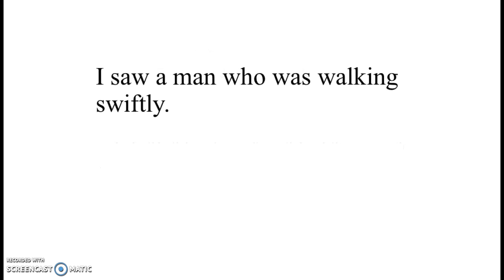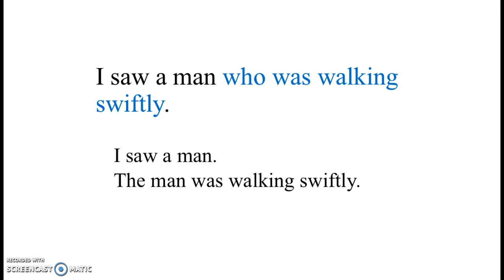Here's our first example. I saw a man who was walking swiftly. Our relative clause here is who was walking swiftly, and I saw a man is our main independent clause. We can think of this as two sentences sandwiched together, combined to make a more complex sentence. I saw a man.